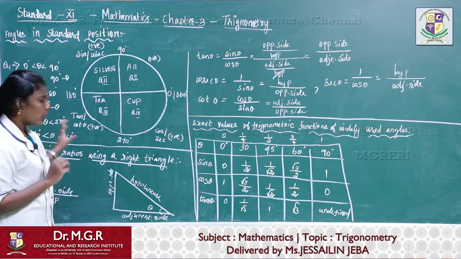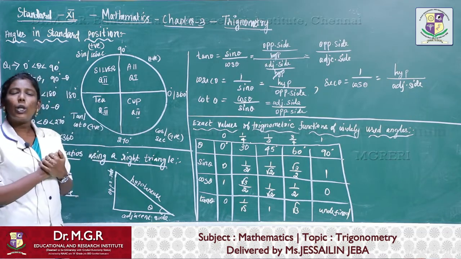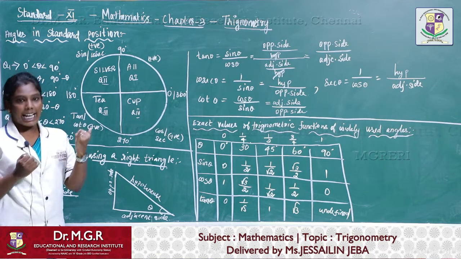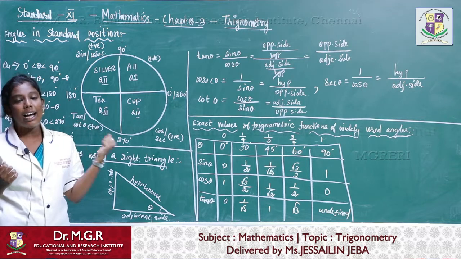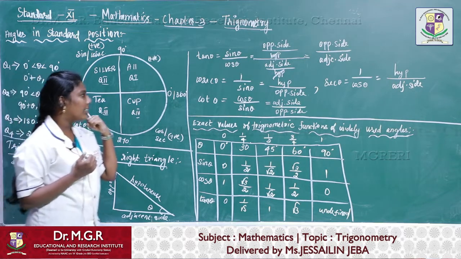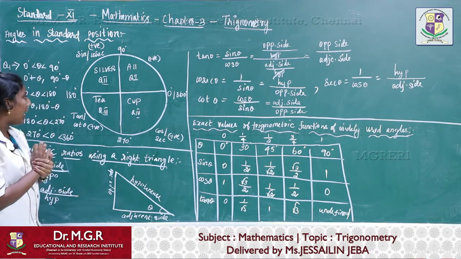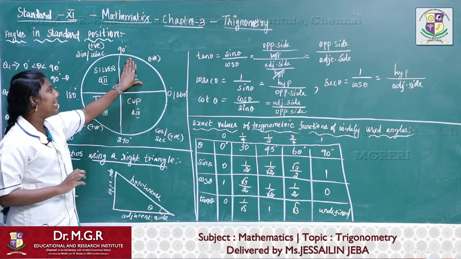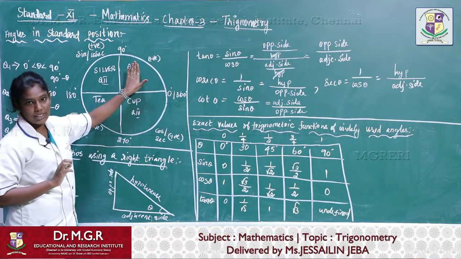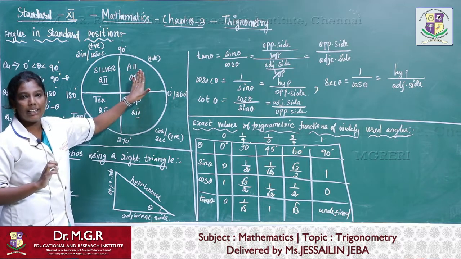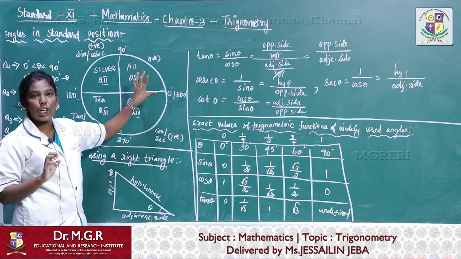We have 6 ratios in trigonometry: sin theta, cos theta, tan theta, cosecant theta, secant theta, and cot theta. All means that all 6 ratios are positive in the first quadrant. If an angle comes under the first quadrant, all 6 ratios are positive.